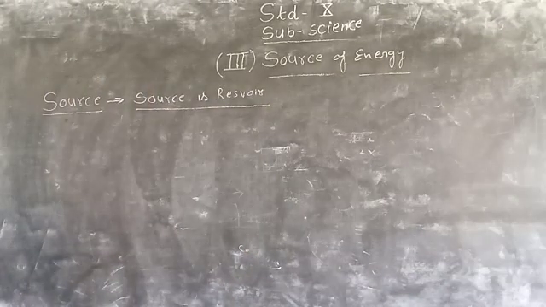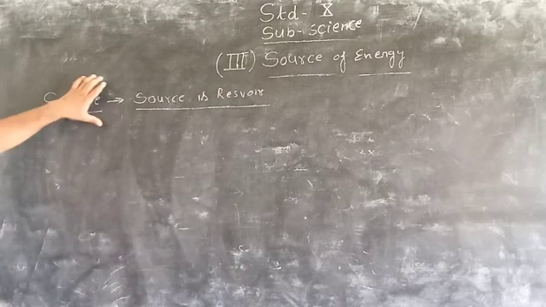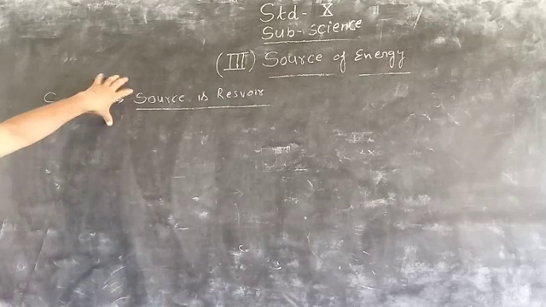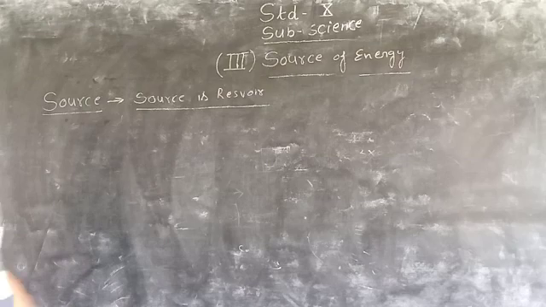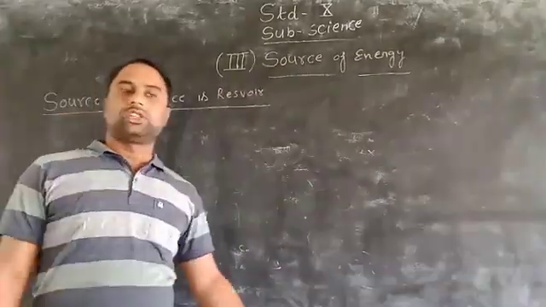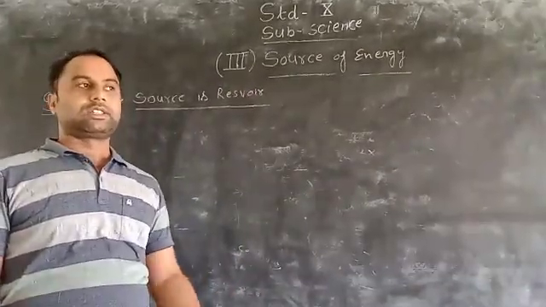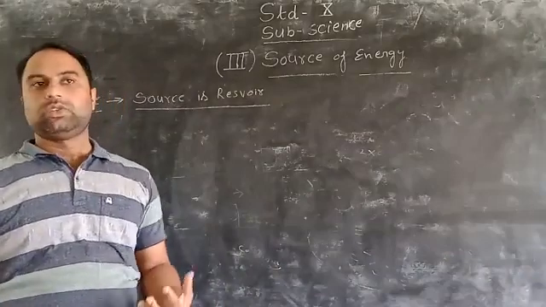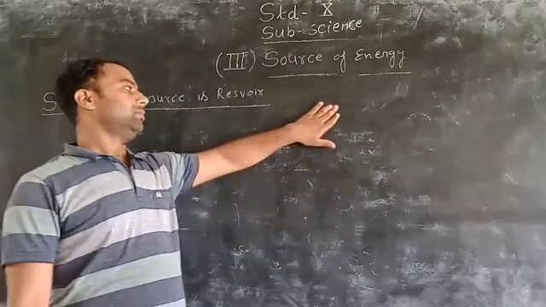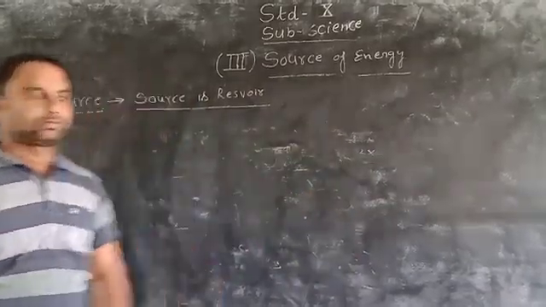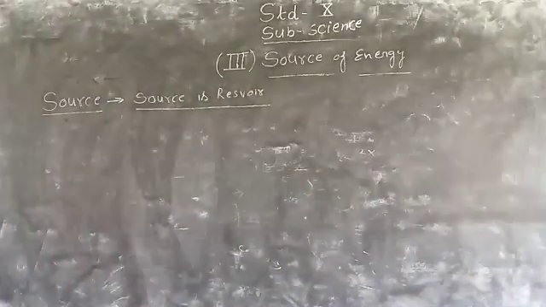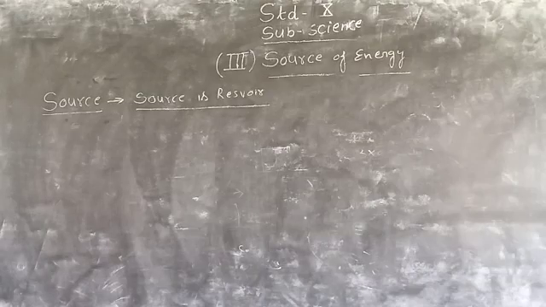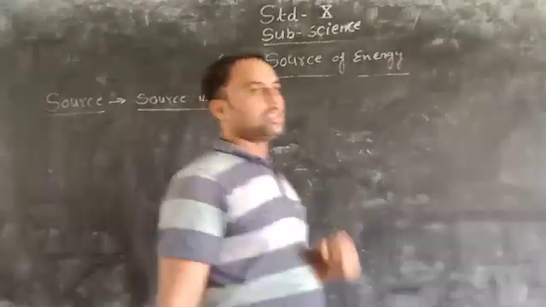A source of energy is a reservoir that provides us energy without changing its heat value, energy value, or temperature values. Now we see the basic structure of the sources of energy.